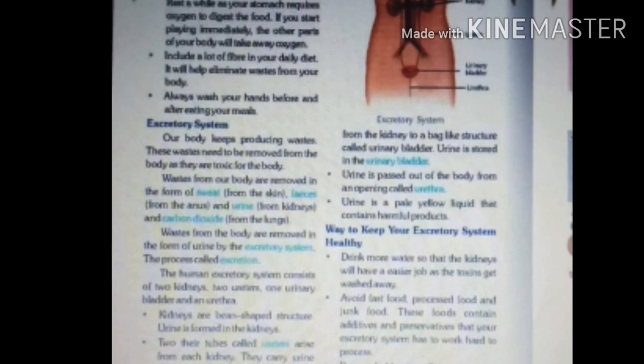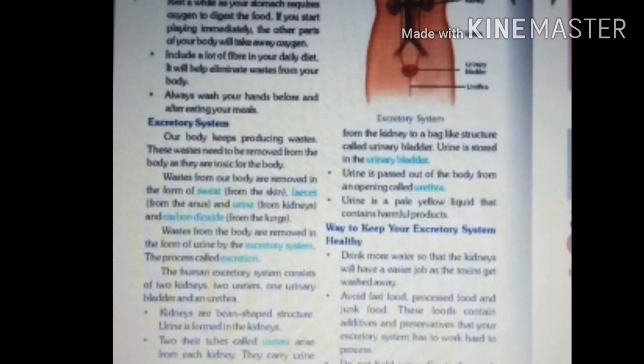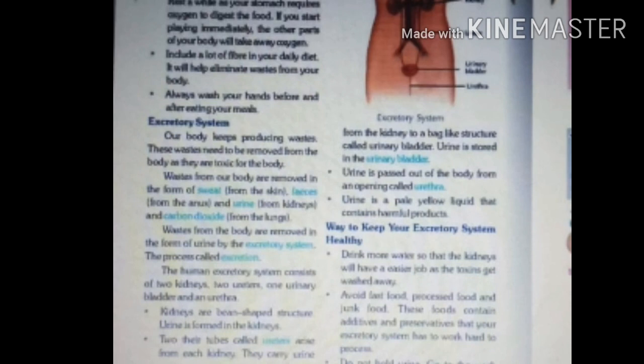The urine is stored inside the urinary bladder, and after the urinary bladder we are having urethra, and by the urethra the urine is passed out of the body.